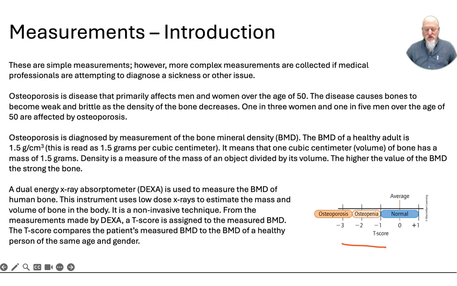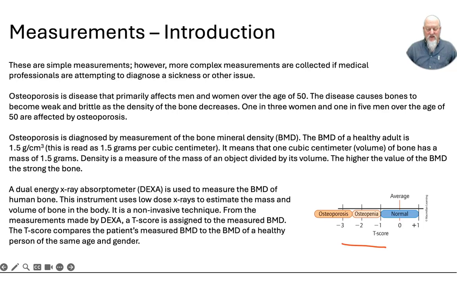So if your T-score is 0, that means your BMD is average. Okay, if your T-score is above that, if it's some positive value, that means your BMD is higher than 1.5. And if it's less than 0, if it's in the negatives, that means your BMD is less than the average.